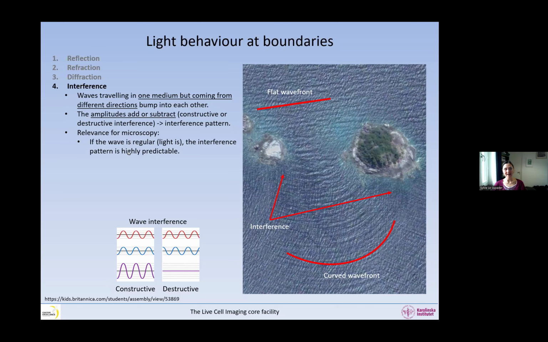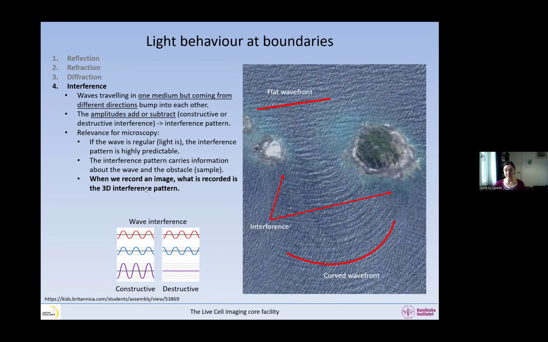This is basically what happens with light. So it's highly predictable. The interference pattern carries information about the wave, but it also carries information about the obstacle, which is, for us, our sample. So if we look at the interference pattern, we can learn things about the obstacle.